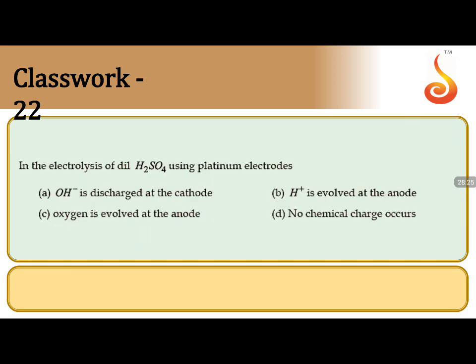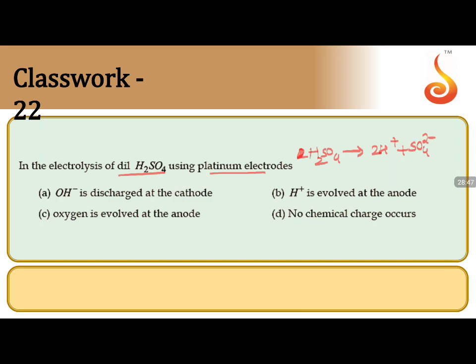Next, moving to the 22nd question. In the electrolysis of dilute H2SO4 using platinum electrodes, H2SO4 undergoes cleavage and gives 2H+ and SO4 2-.